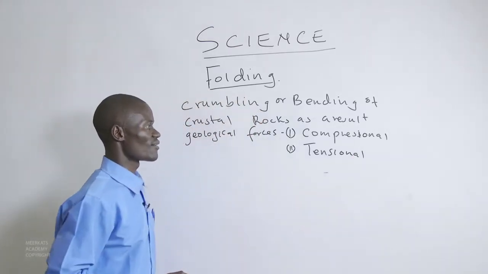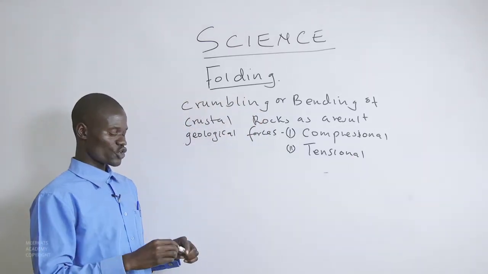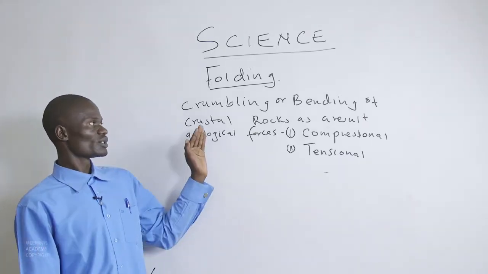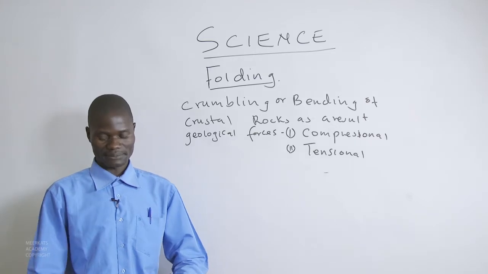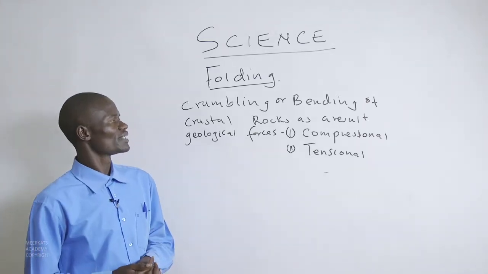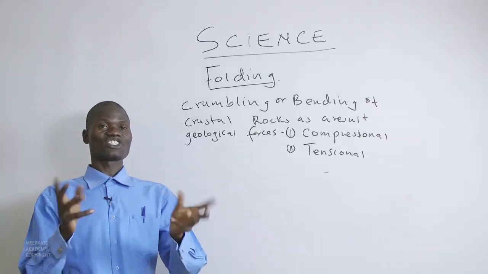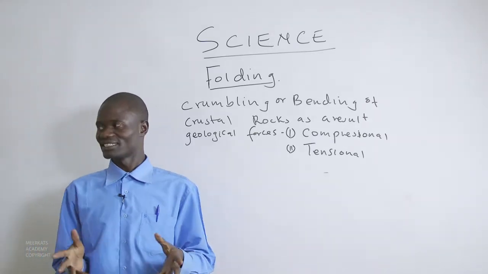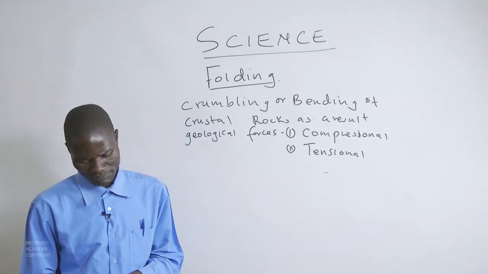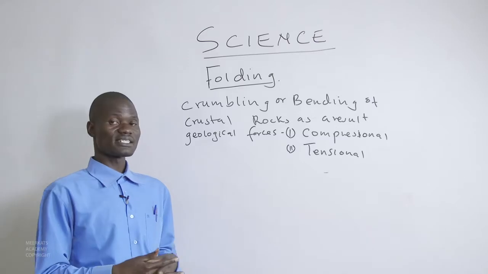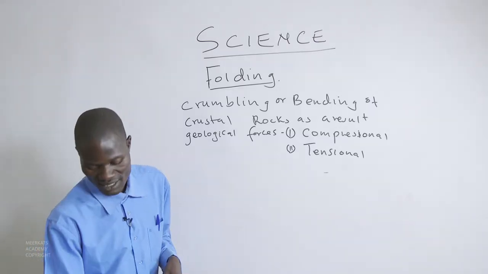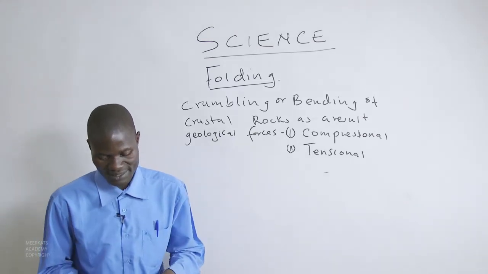When these forces act on crustal rocks, they will lead to the crumbling or the bending of the crustal rocks. Therefore, it will lead to another feature that will result in the formation of a different landscape. Therefore, this distortion makes the rocks bend upward or downwards.